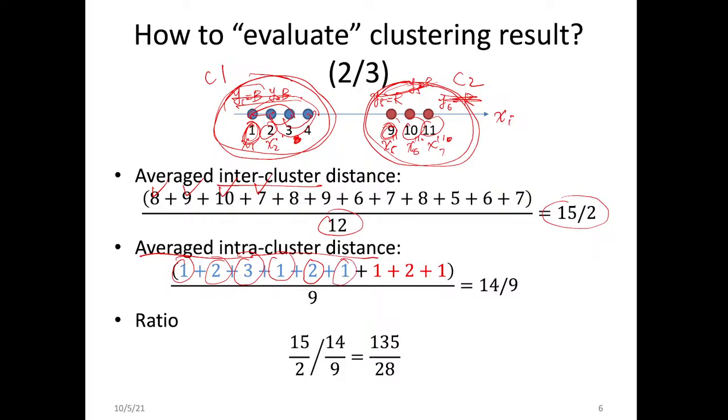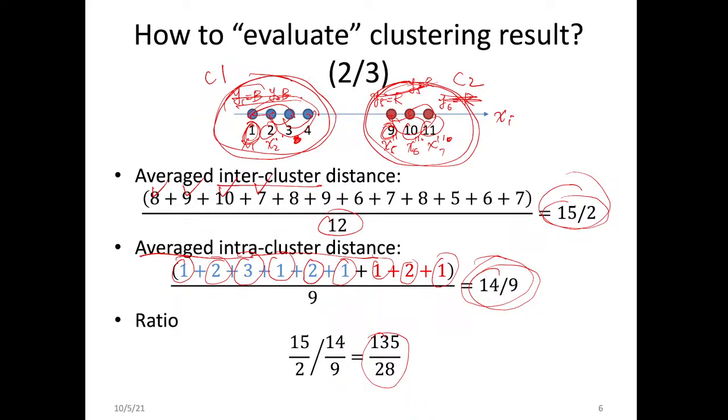And again, we have 3 intracluster distances. 9 to 10 is 1, 9 to 11 is 2, and 10 to 11 is 1. We have 9 such numbers, so the average intracluster distance is 14 divided by 9. So the ratio is intercluster distance divided by the intracluster distance, which gives us this number.